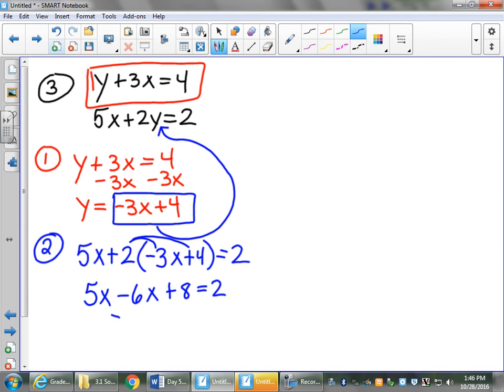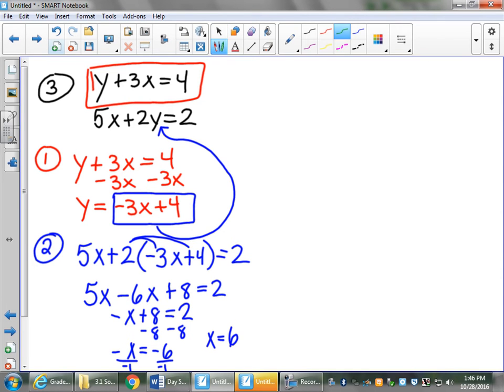Combine like terms. And keep solving. I'm going to subtract my 8. And it's almost done, but x has a negative coefficient. I can't have that. So we're going to divide both sides by negative 1. And x comes out to be positive 6.